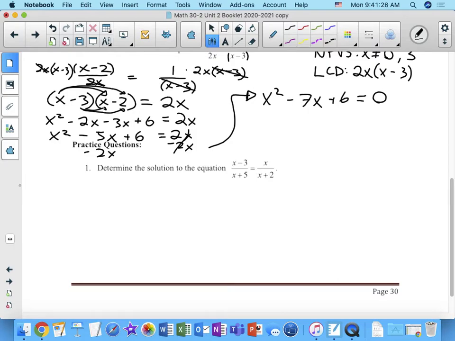If you can factor it, go for it. But of course, in this course, you can absolutely use the quadratic formula, and that's what I'm going to model. Okay. So we've got A, B, and C. Okay, A is the coefficient of x squared, and what is that? 1, B, negative 7, and C, 6.